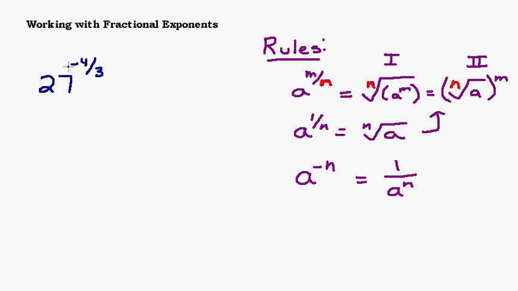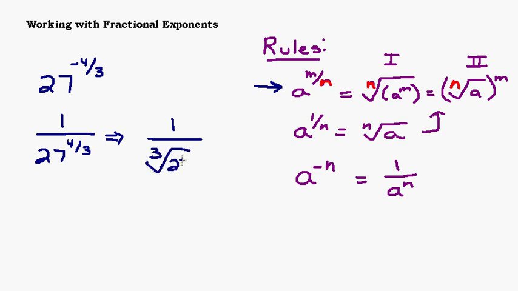Alright, so again we have a negative exponent. I'm going to suggest that we go ahead and do the reciprocal right off the bat so we can change that to a positive exponent. That's supposed to be a 4 right there. Alright, so now we're going to apply our rule of fractional exponents right here. This is telling me that I need to take the cube root of 27, and then I need to do the 4th power.